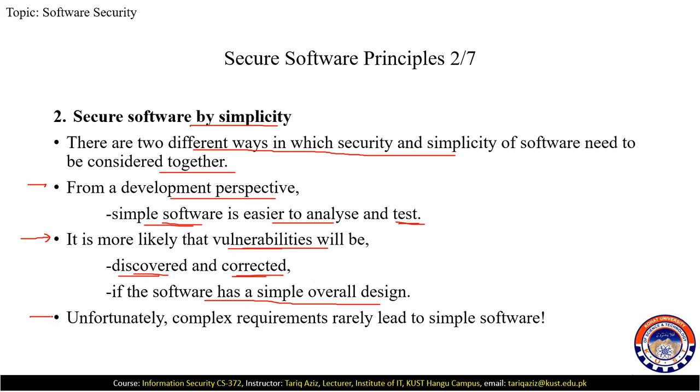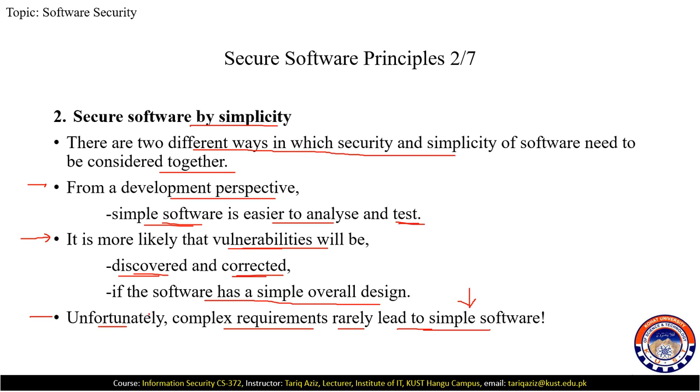But the final point says that unfortunately we have complex requirements, and that is why requirements rarely lead to simple software. Because of the complex requirements, our software is not that simple, it is also complex. This is the unfortunate thing.